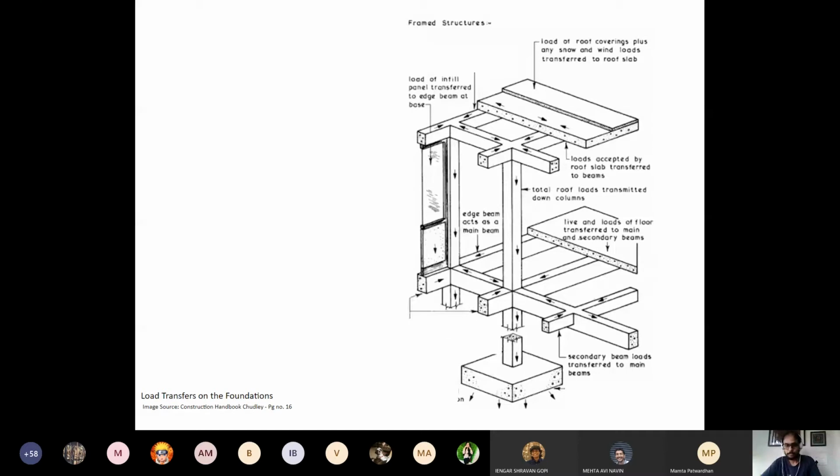This also shows the edge beams, which bring load back onto the column. All that total load is then transferred down to the foundation, where it has to be transferred to what is called the subsoil. These are the ways in which loads move into your column footings.